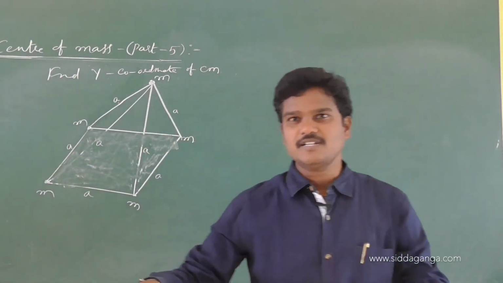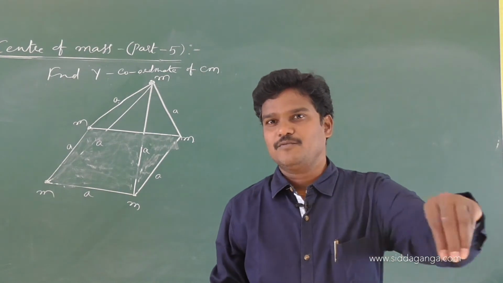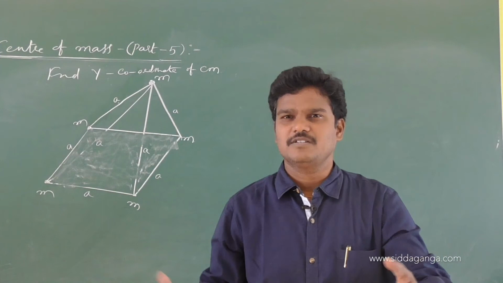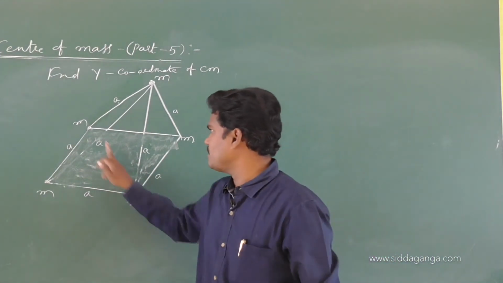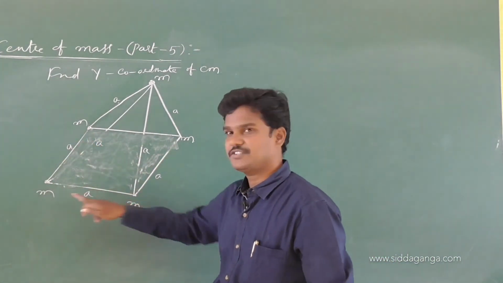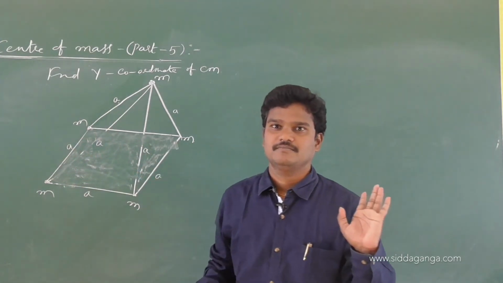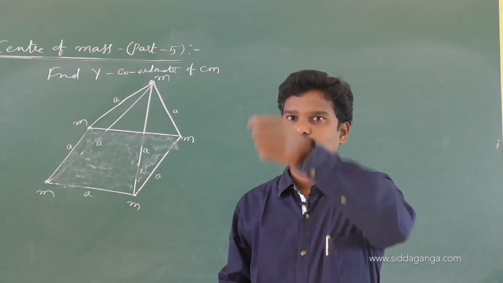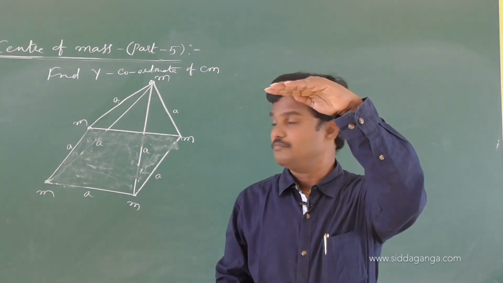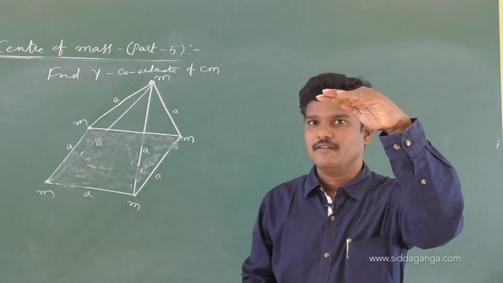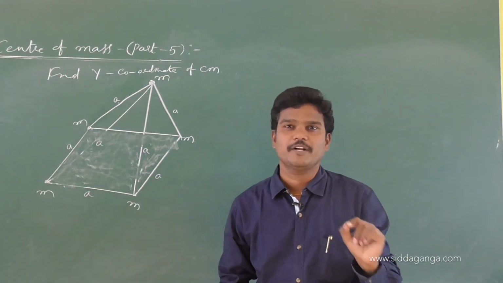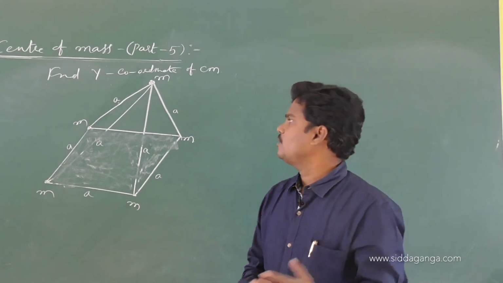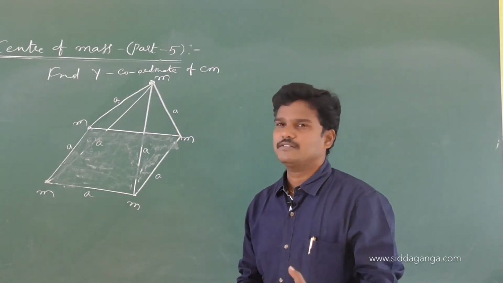At the four corners some mass is there. Plate mass is negligible. So 4 identical point masses are placed at the 4 corners of that square, and one more mass is placed at the top at a height. Now the target is to find the y coordinate of center of mass of this pyramidal object. How to get this? See, very simple.